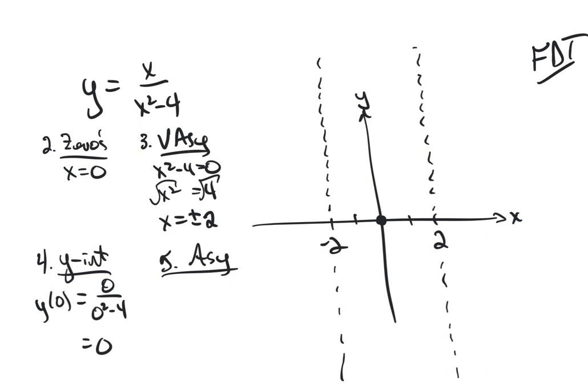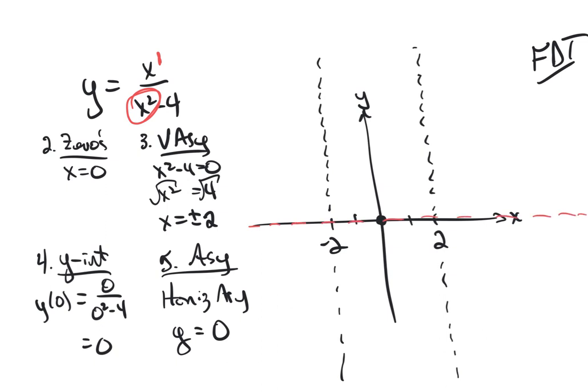The biggest power on a variable up top is 1, and the biggest power on a variable down below is 2. So the power above is smaller than the power below. So we're going to have a horizontal asymptote at y equals 0, which is the same as the x-axis.